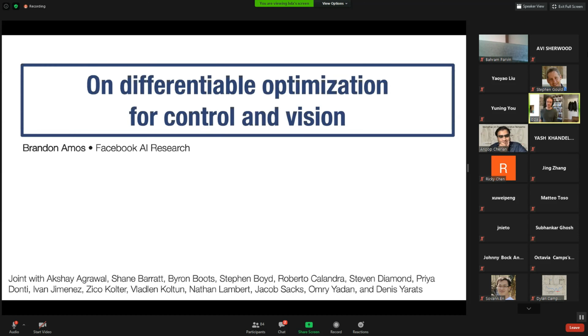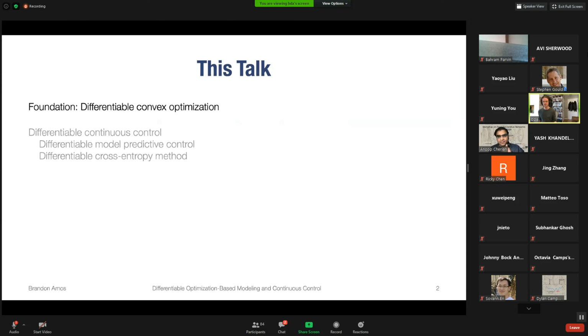And then towards the end, I'll talk about some of the newer work that I've been doing, mostly in the control space. So the rough division of this talk is that I'm going to spend about 15 minutes on the first part, differentiable convex optimization, which in the framing of deep declarative networks is one specific way of instantiating a deep declarative network that has a convex objective and maybe convex constraints.